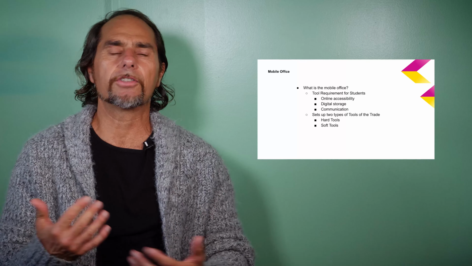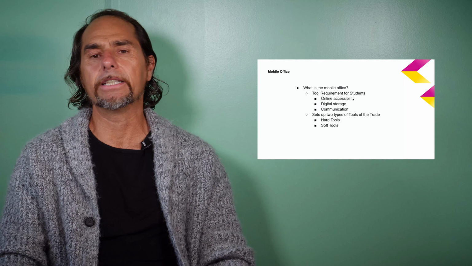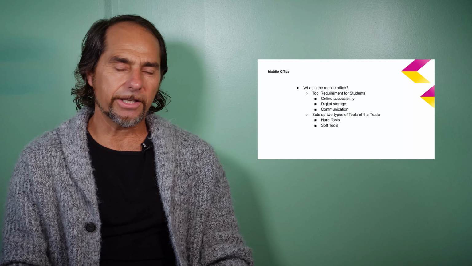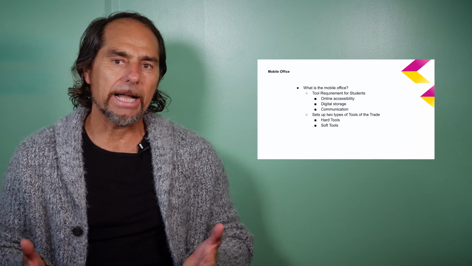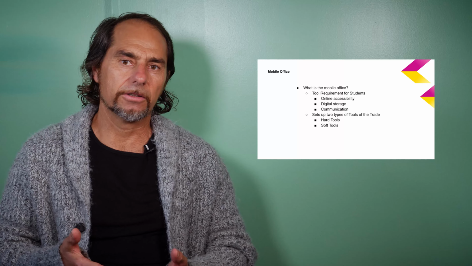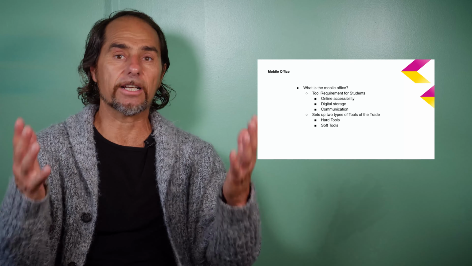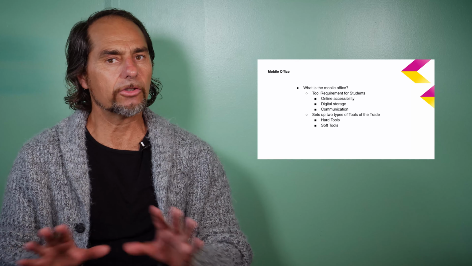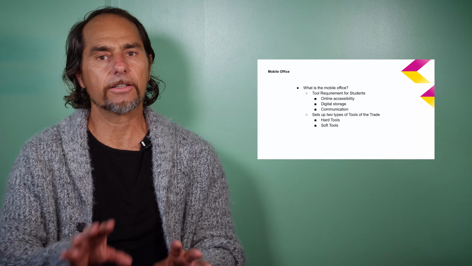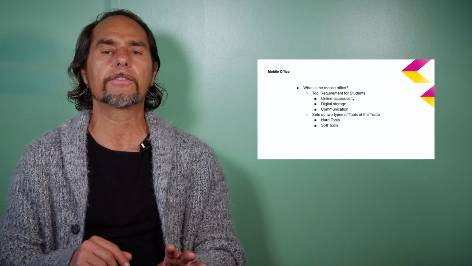That way you guys can just see what they are and you can go get them as you need. But in today's age, these are things that students must have, which means they need to have a backpack that can carry the computer without it getting damaged, so they can set up their mobile office, go online, and access these things. I'm not going to go too much detail just yet. I'm going to save some of this for the later videos of this chapter.